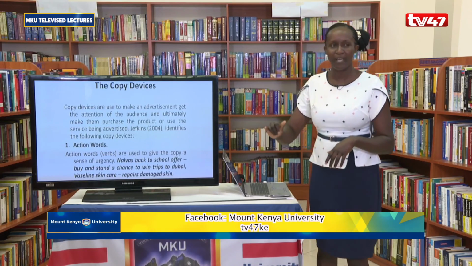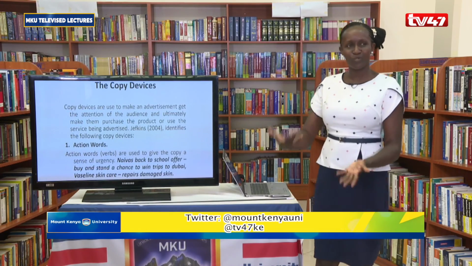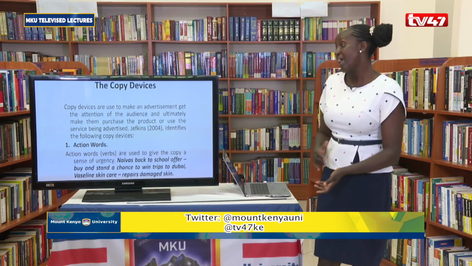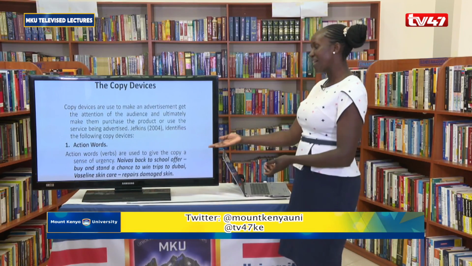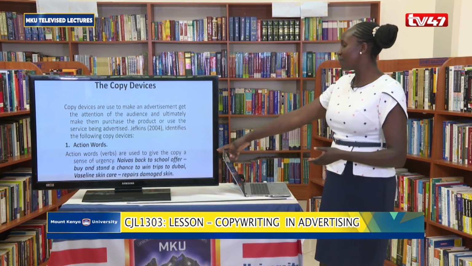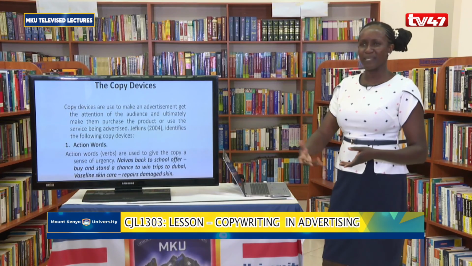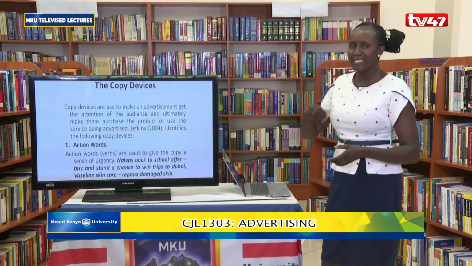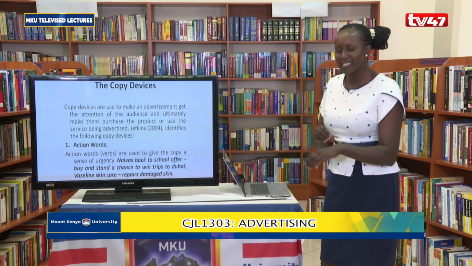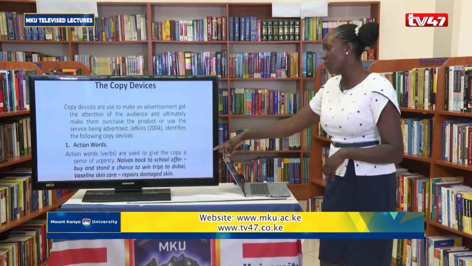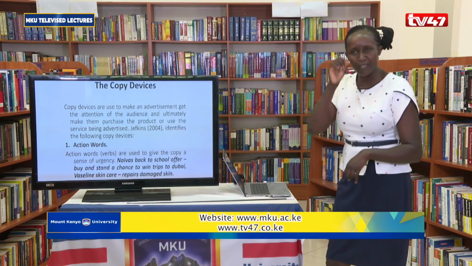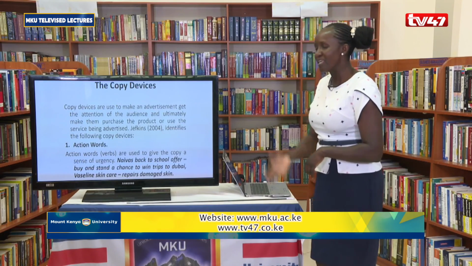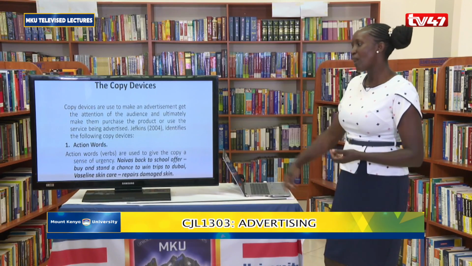The word repair almost makes it look like it is automatic. If I use Vaseline and my skin is damaged, it somehow repairs it. So I know what the word repairs means. And this means it is something that can be done. So my skin is currently bad, but if I go with Vaseline, it will be repaired. Repairable for me is something that is doable. So I buy the product.